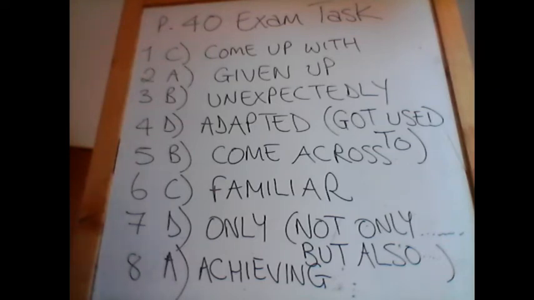And finally, number 8 speaks about difficulty in achieving, letter A, in achieving a goal. So remember that the verb achieve is a collocation with a goal. So you achieve a goal. It's like if you're speaking about a dream, you might fulfill a dream or realize a dream.